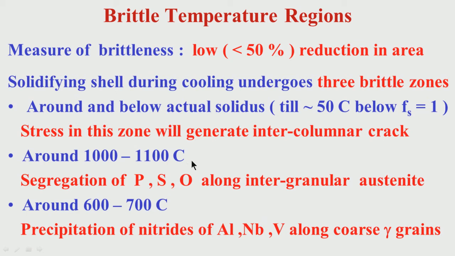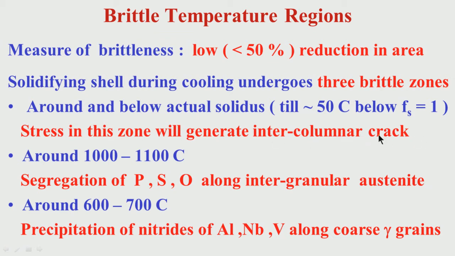So what is going to happen? If phosphorus, sulfur and oxygen segregate along the austenite grain boundaries, the grain boundary becomes relatively weak and there is a possibility of crack formation along these grain boundaries. Here it was intercolumnar, between the columns of the coarse cast structure I told you about, and the intercolumnar areas are relatively weak because those areas have too much segregation.